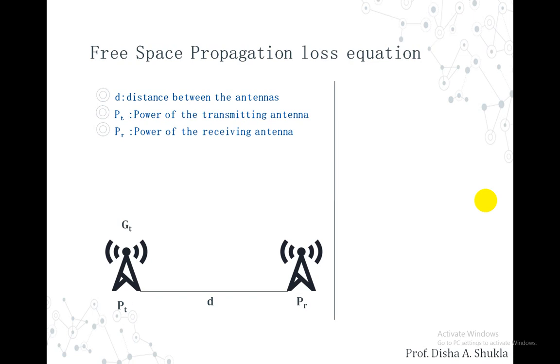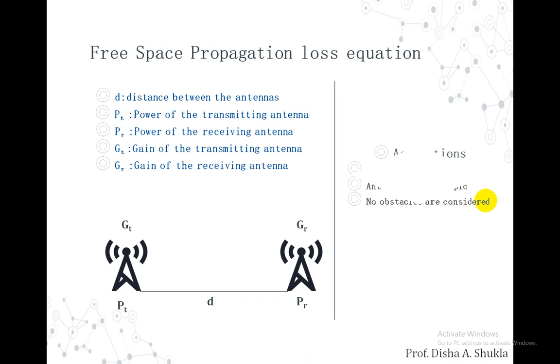GT is the gain of the transmitting antenna, and GR is the gain of the receiving antenna. This is the particular situation through which the free space propagation loss equation will be calculated.